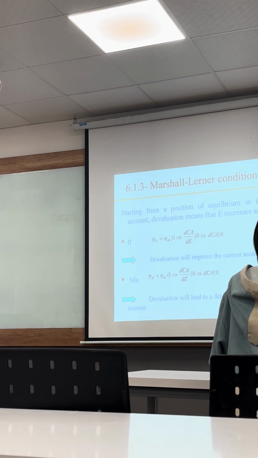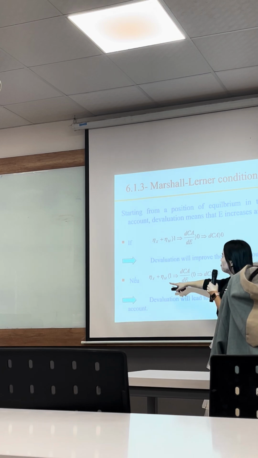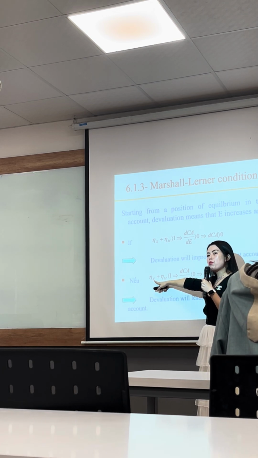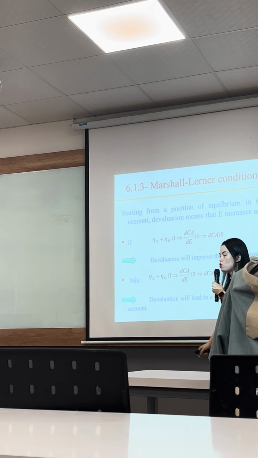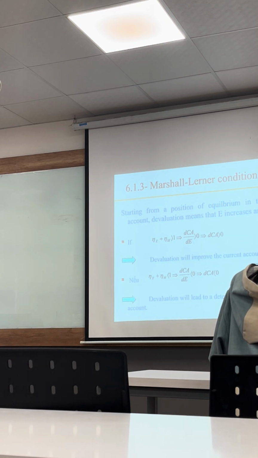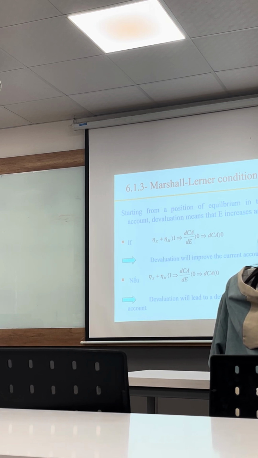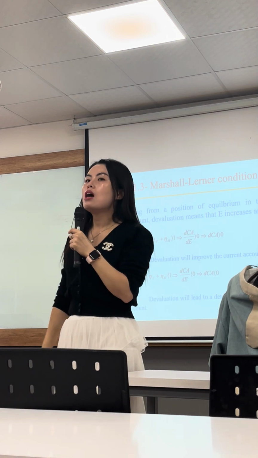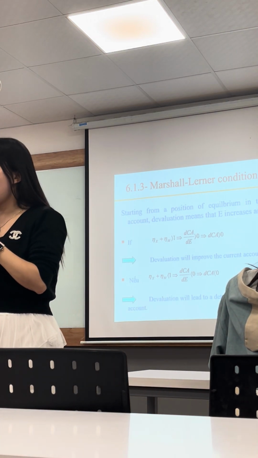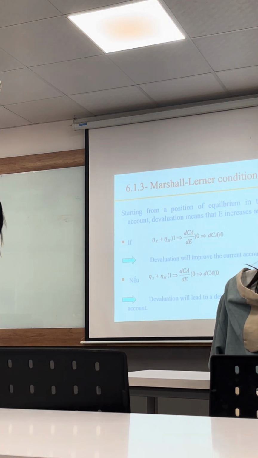Okay? And if the sum of eta x and eta m is less than 1, then devaluation will lead to a worse current account or trade balance. That is what we call the Marshall-Lerner condition.